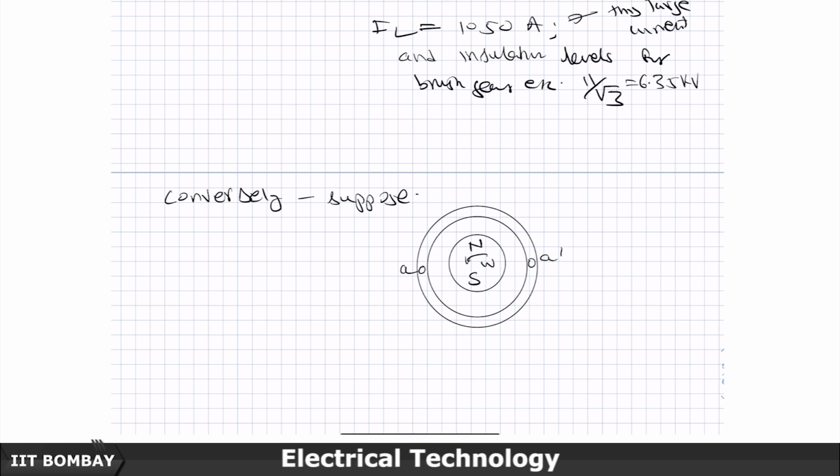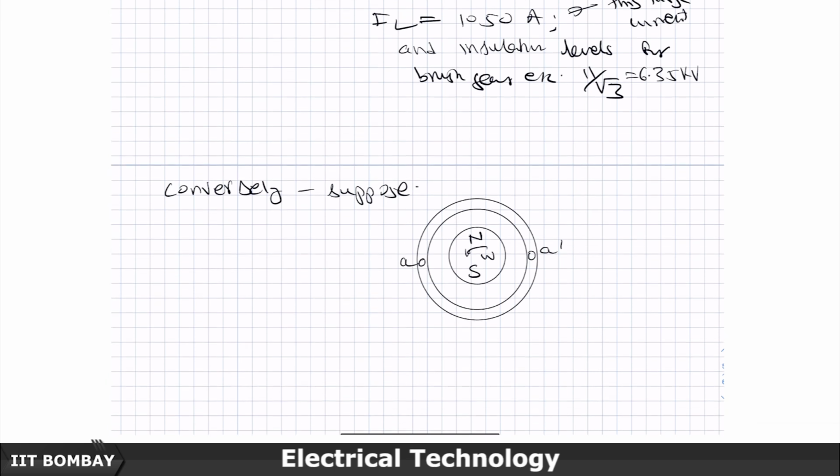So, the B phase conductor should see the moving geometry that the A phase conductor is facing now at, say, t equal to 0; the same should be seen by the B phase conductor at time t by 3. So, if it is rotating here 90 at t by 4 it will be here, and at t by 3 the north pole would be somewhere here, south pole somewhere here, and this is further 90 degrees from there.